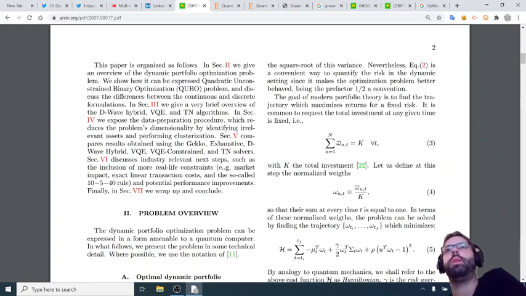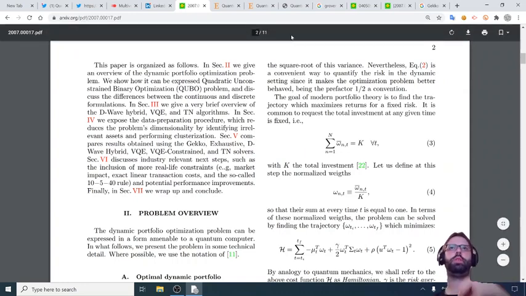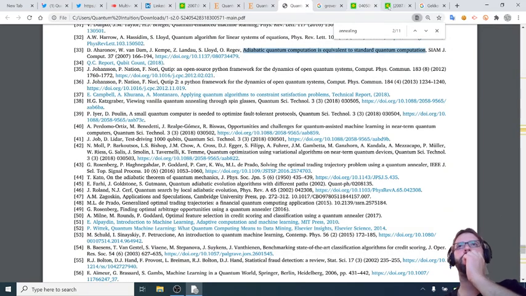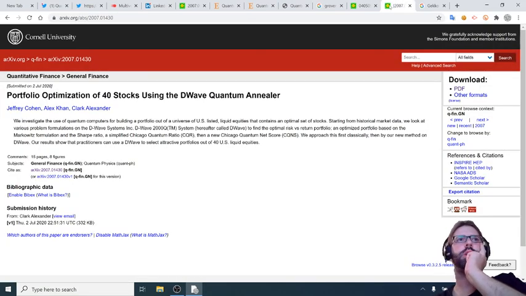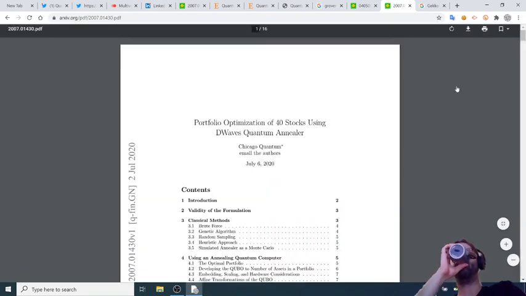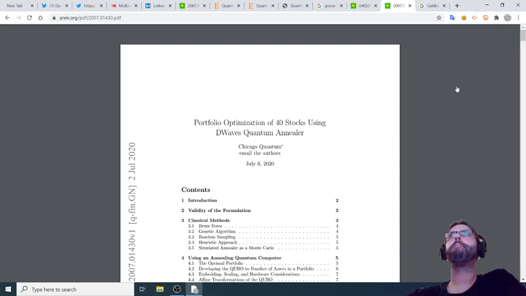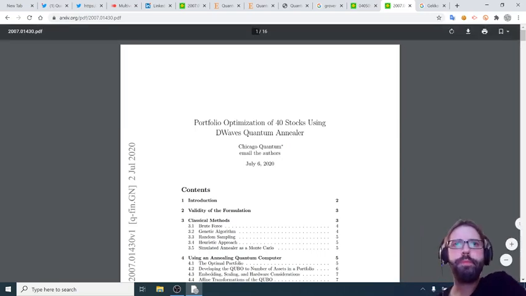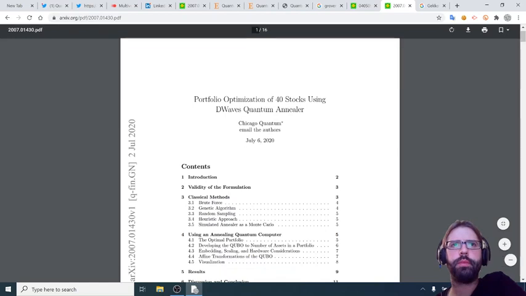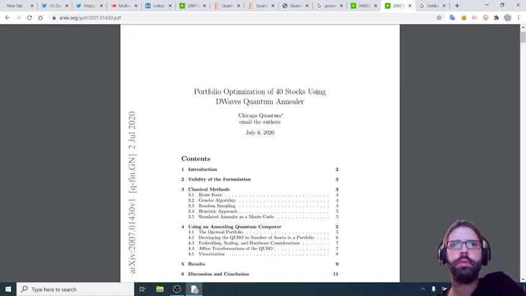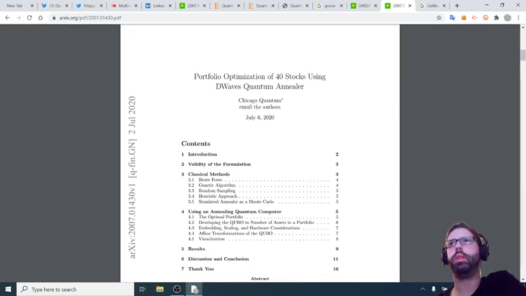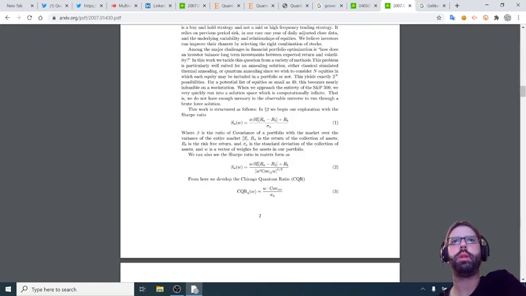What did the Chicago people say? What was that? This one here. So developing the QUBO, it's page 6 or whatever.